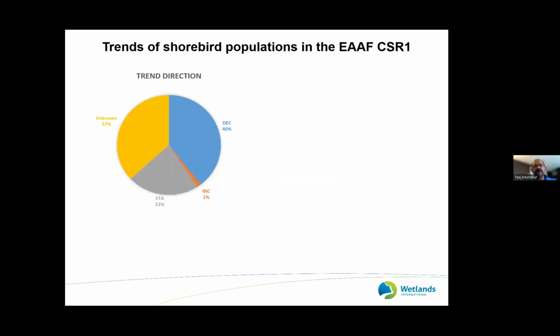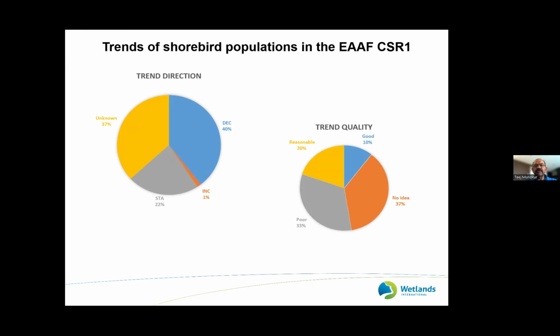In terms of information on their population trends, we can see in this graph that a large proportion of the birds are shown to be in a decreasing trend. An almost equal number are known, a very small proportion increasing, and a fair proportion stable. But that is based on information of different quality.